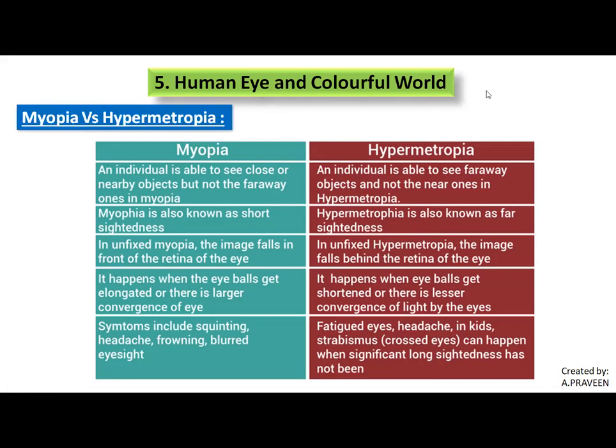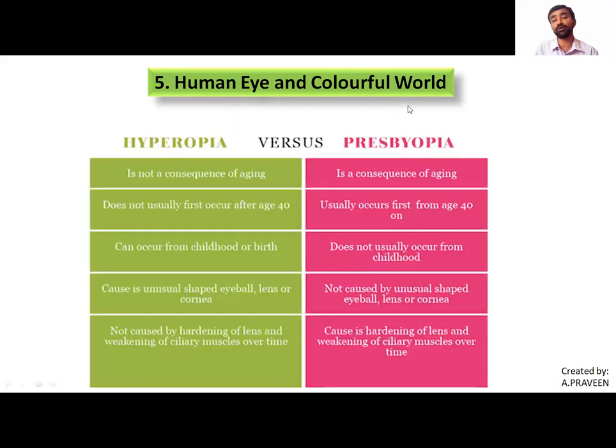The next one: if it is asked to write the difference between hypermetropia and presbyopia, what can we write? The same thing we learned. In hypermetropia, we know that defect, right? Here you are comparing hypermetropia and presbyopia. Presbyopia is because of age, but hypermetropia is not because of age, right?